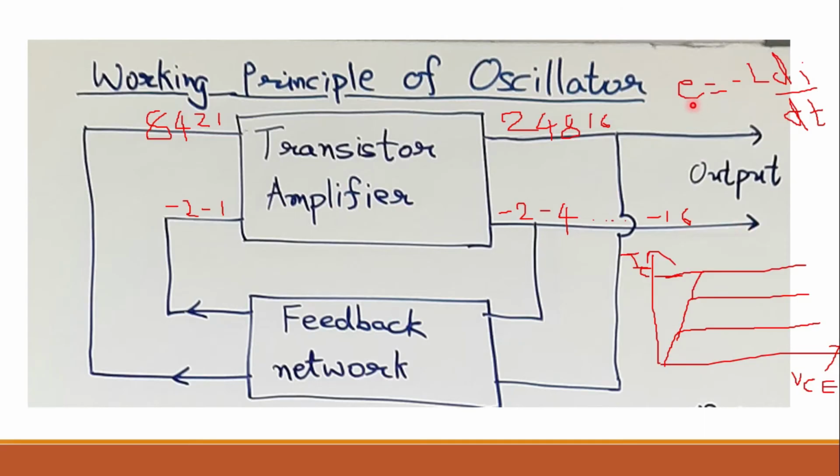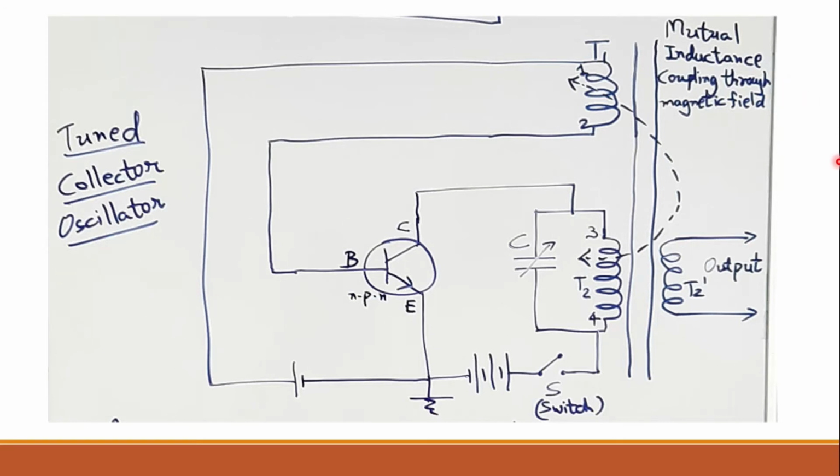When I is constant, you know from this equation, minus L di by dt. If I is constant, then di by dt, differentiation of a constant, will be equal to 0, right? So now what will happen, that the current that is present in this particular coil will become 0 gradually, and now that 0 current, or a decreasing current, is linked over here.